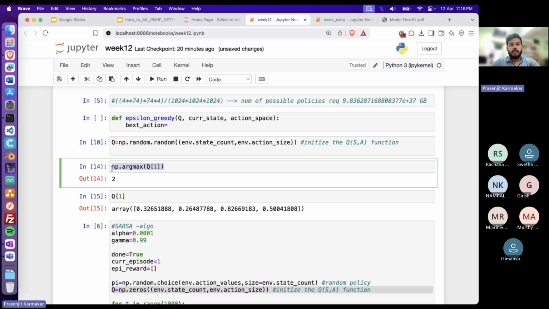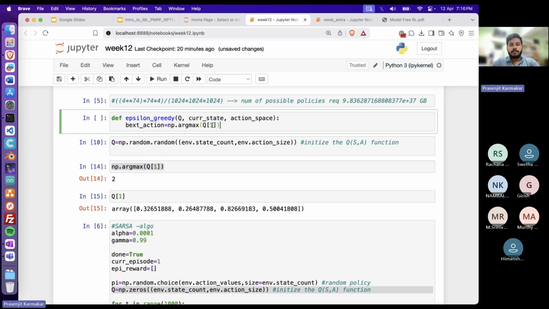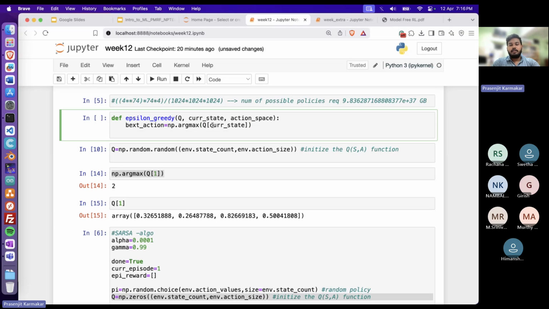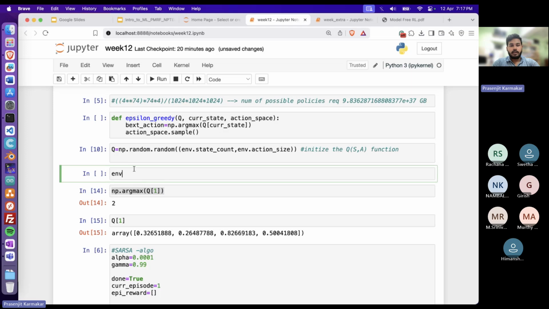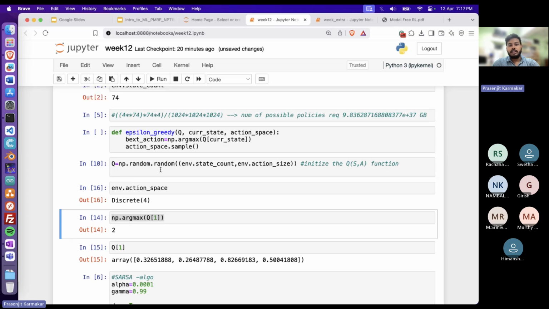So the best action would be the argmax of Q for the current state, whatever action has the maximum value. And what is the other action? The other action is action space.sample. If I get the action space from the environment's action space, it's actually Discrete 4 and I can sample from it.